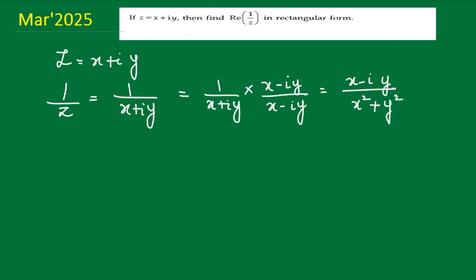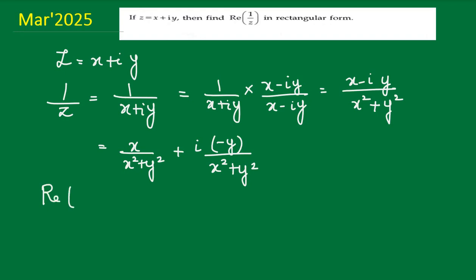So we get the denominator as x square plus y square, which is equal to x divided by x square plus y square. We separate the real and imaginary parts, plus i into minus y divided by x square plus y square. We want the real part of 1 by z. So the real part of 1 by z is equal to x by x square plus y square.